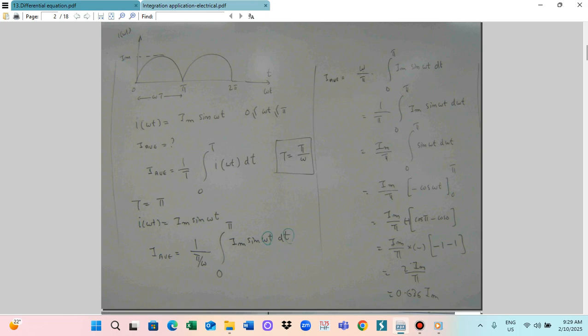So this is the waveform here. You also have to find the average value of this waveform. Because this is a half sinusoidal wave, the i(omega t) function can be written as Im sine omega t, where omega t is between 0 and pi. So the function is i(omega t) is equal to Im sine omega t. So we have to find the I average.